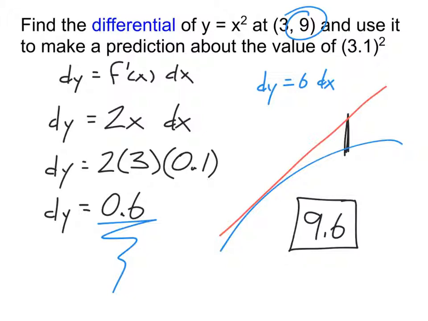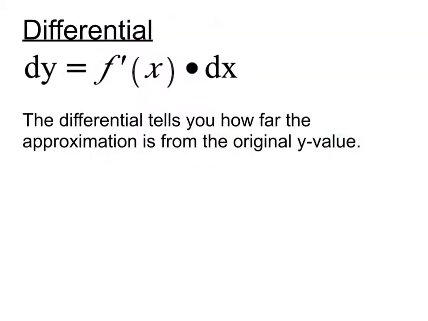But in this case, when we plug in a dx value, it just tells us how far away it is. So I'm still having to add the 9 to it. And so we might add to our notes here that the differential tells us how far our approximation is from the original y value.